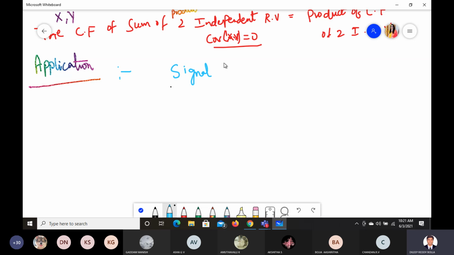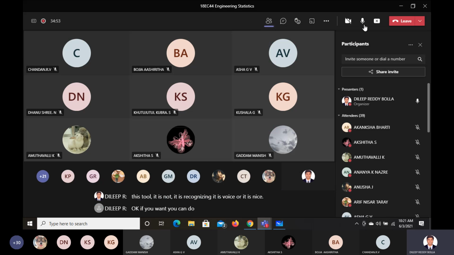Usually, Microsoft Teams uses an algorithm for suppressing noise. There are noise suppressors inside this tool. It is recognizing whether it is voice or noise. Let me show you a demo. You see here, I am muting myself, and I am not saying anything.